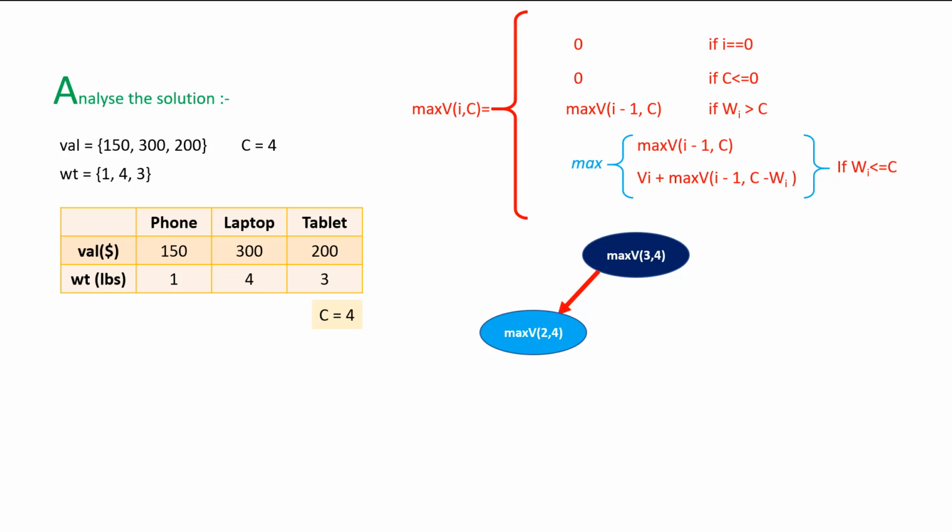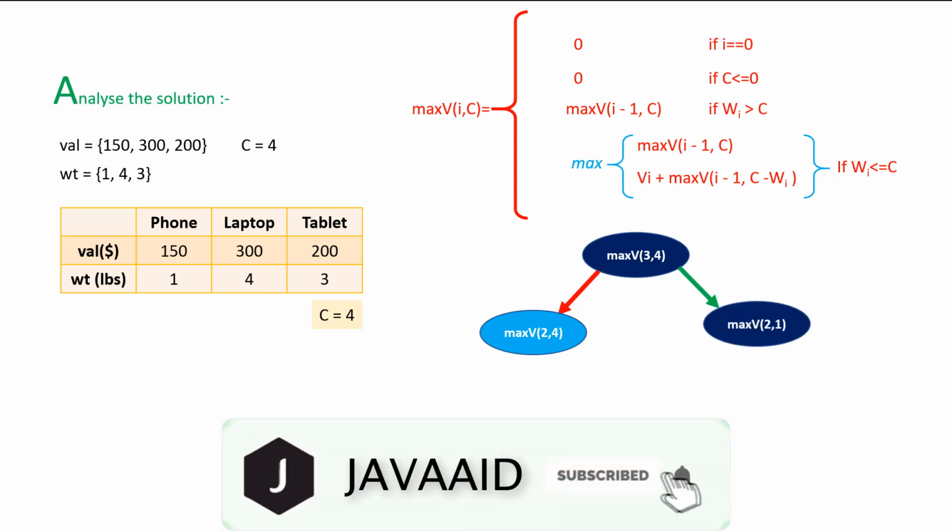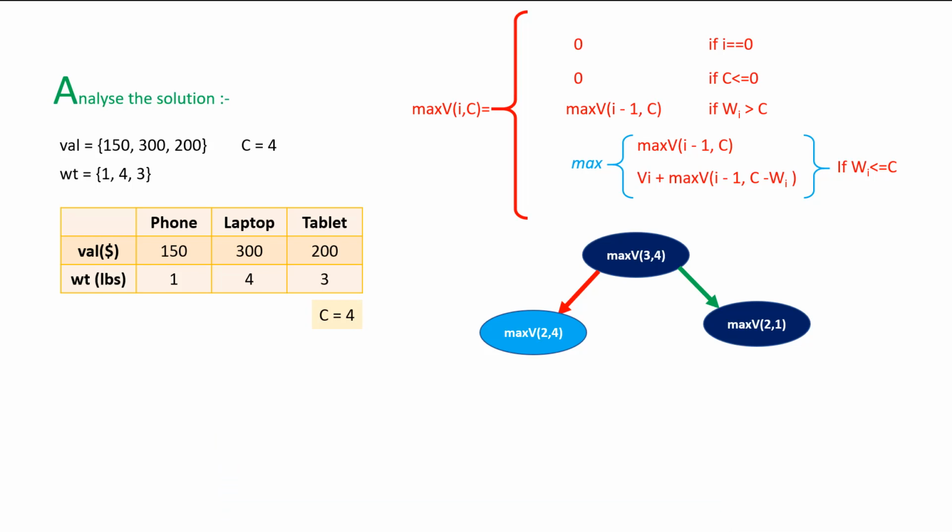And the second one, if we are going to choose the item, then we'll call the same function with this input, where you will reduce the i and also reduce the capacity, because now we have chosen this item, so the knapsack capacity will also reduce. The bag has a capacity of 4 lbs, and if you have chosen the third item, which has a weight of 3, then only 1 lb will be remaining. So we are going to call the same function with 2, 1.